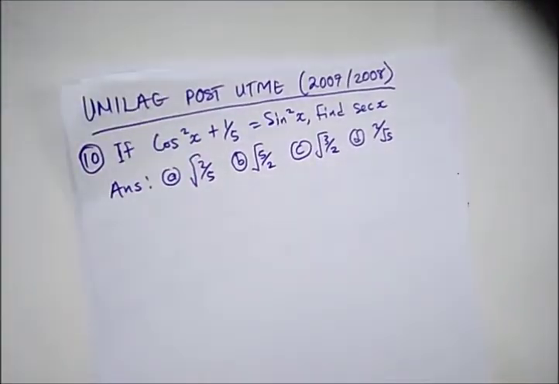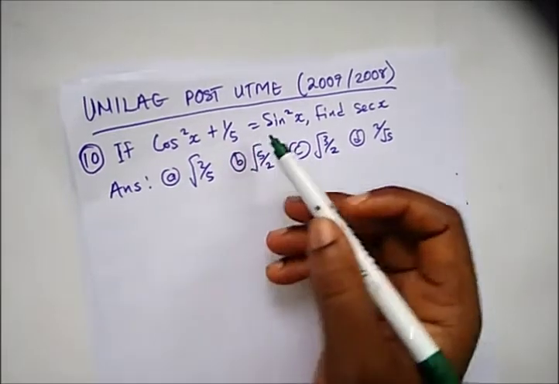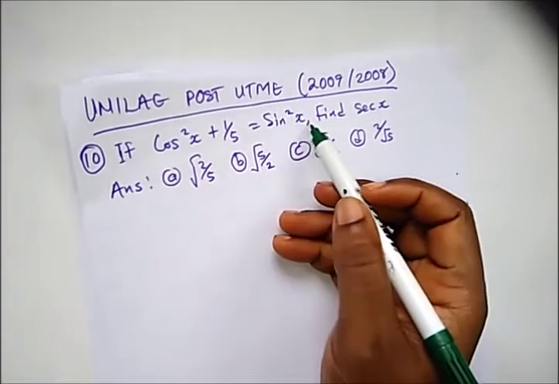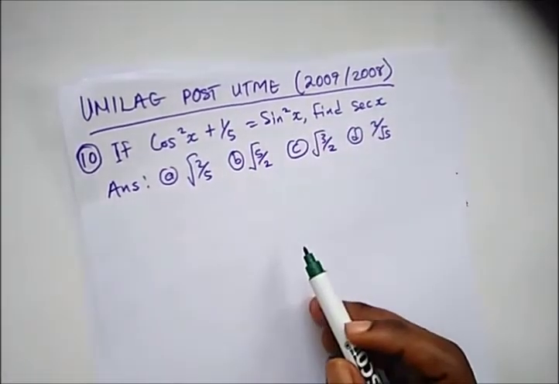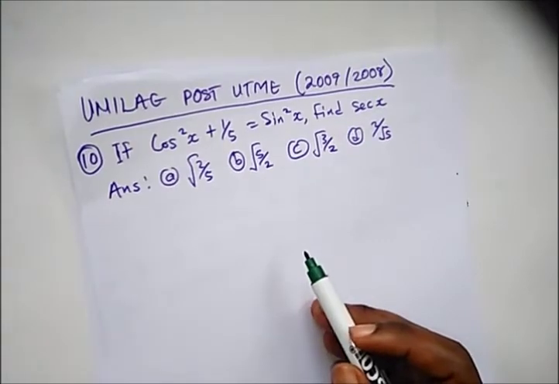This question says, if cos square x plus 1 over 5 equals sine square x, find sec x. You need to know your trigonometry ratios, which I've also treated.